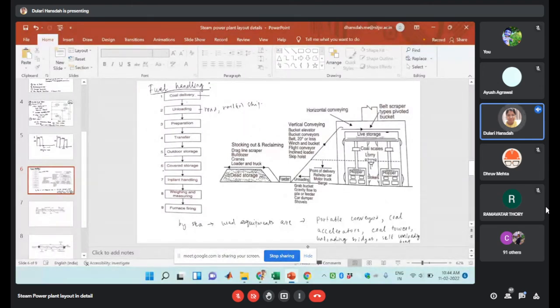So if the transportation of the coal is done by sea, the unloading equipment used are portable conveyors, coal accelerators, coal towers, unloading bridges and self-unloading boats. Next class I will discuss in detail.